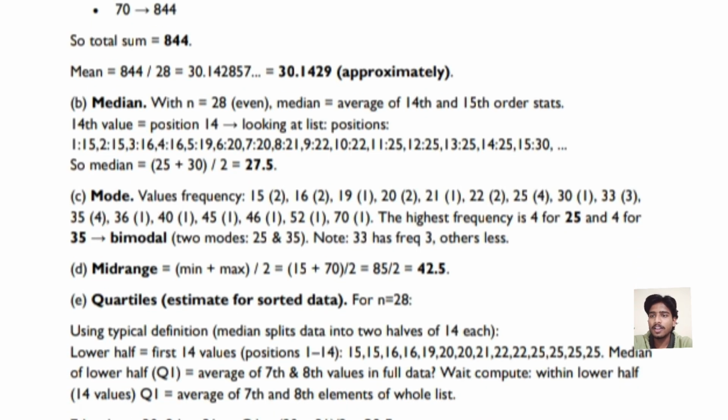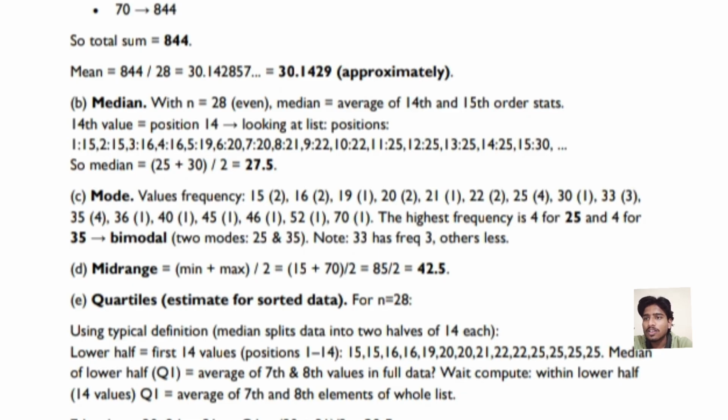B is median. You know the formula of the median. In this series, the total number of terms is 28, which means an even number of terms. The position of the median is the 14th and 15th values, but in an even count we take the average of the two values.